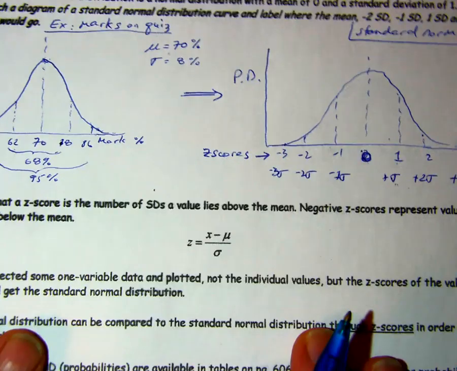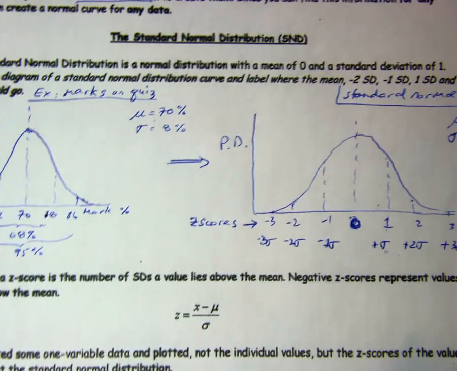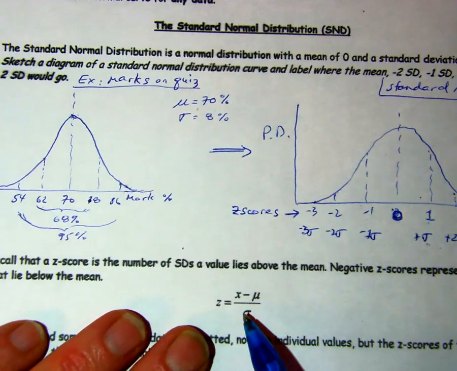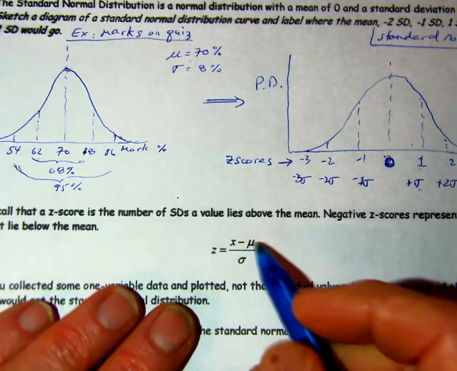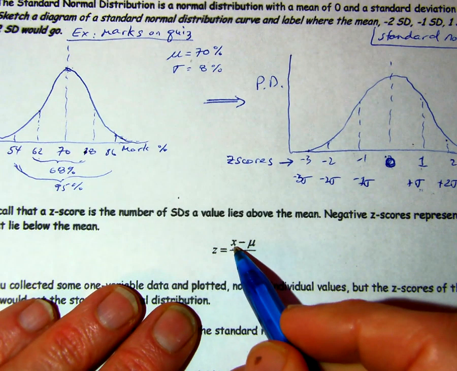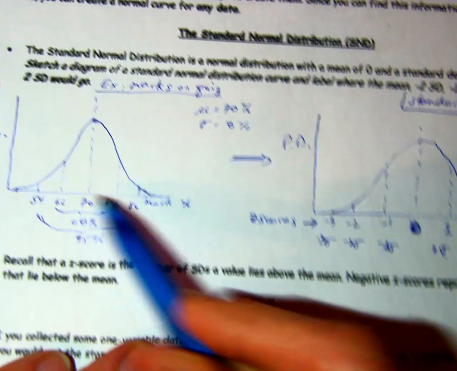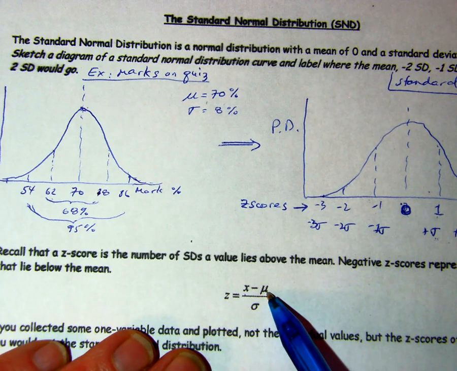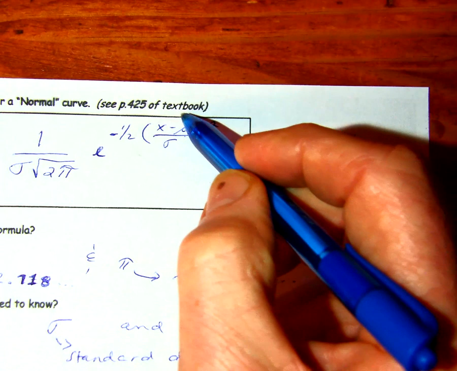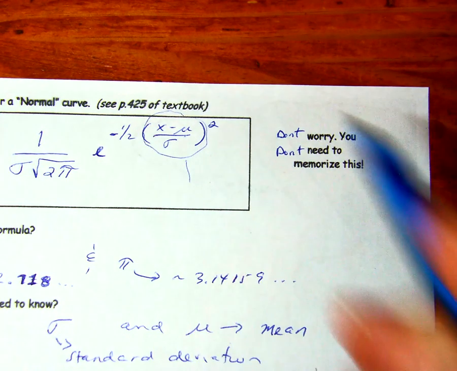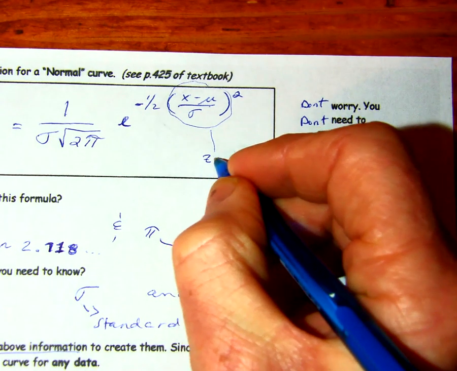So here's the formula for z-score. It's x, your value, whatever mark you got in the quiz, minus the mean, divided by the standard deviation. And you can see it's kind of buried right there. This right here is the z-score. It's in the formula.